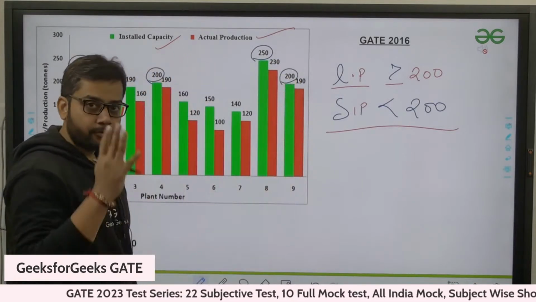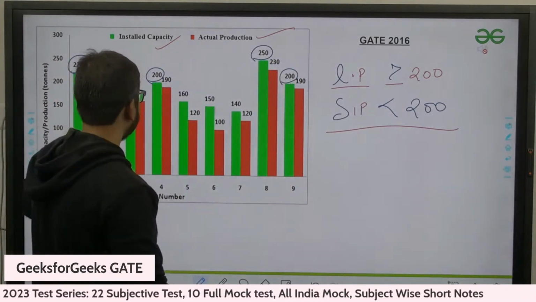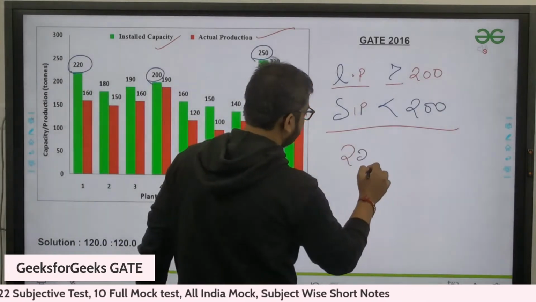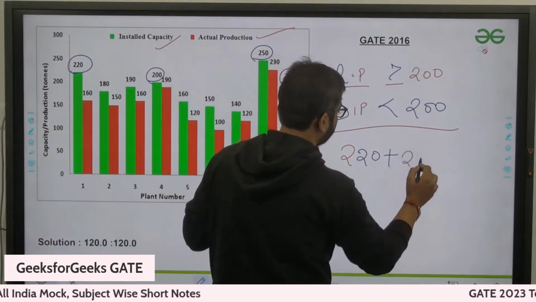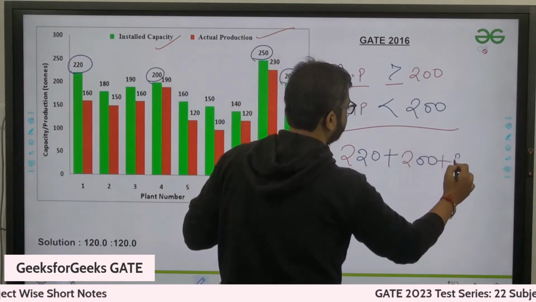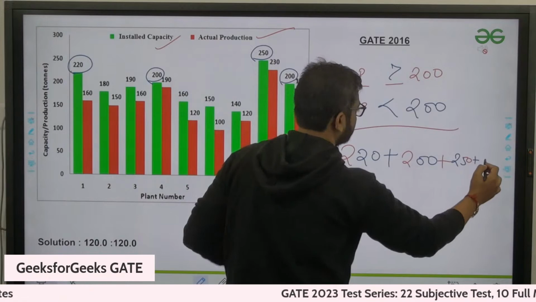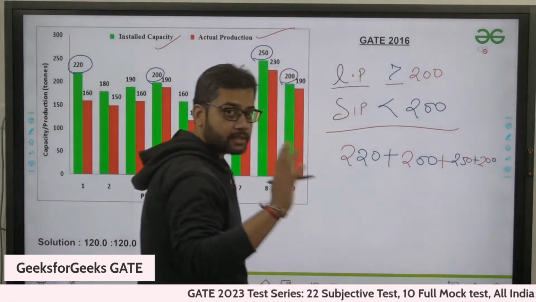It means 4 plants are large: 220, 200, 250, and 200. Okay, 4 plants are large.